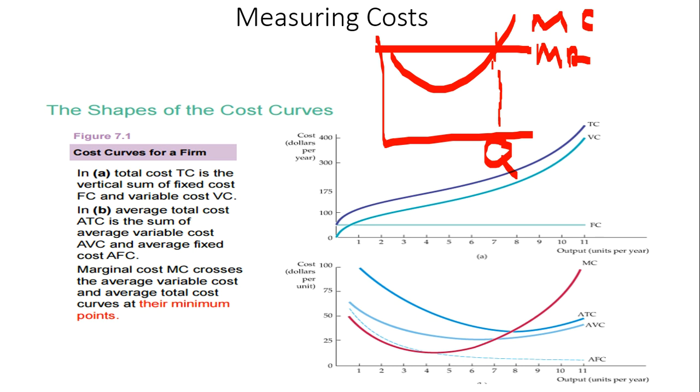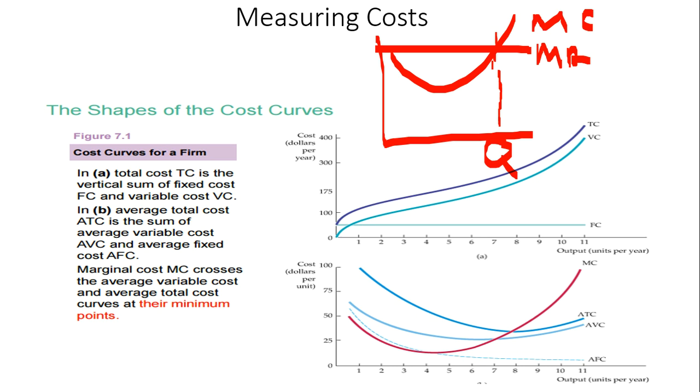Boom! At that particular point, don't increase production, and at the same time, don't reduce production, because you've reached where you wanted to reach. That level of output is going to maximize your profit: a point where the marginal revenue curve is equal to the marginal cost curve.